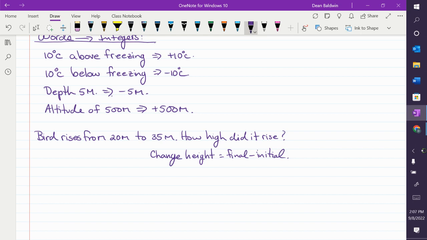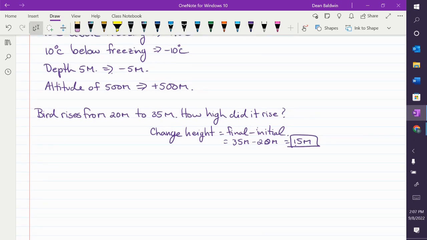All right, final minus initial. So the final height is 35. The initial height is 20, which gives you 15 meters. Okay, so does that make sense?